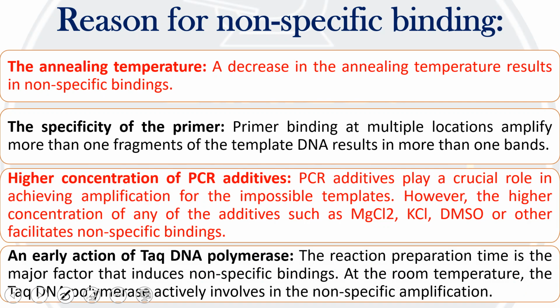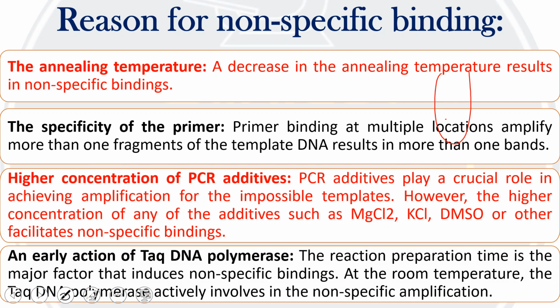So the reason for this is the early reactivity of the Taq DNA polymerase. All the components such as deoxyribonucleotides, template DNA, PCR additives and primers are there in the PCR tubes before putting them in the PCR machine. In that tube you have everything: template DNA, primer, nucleotides, buffer.